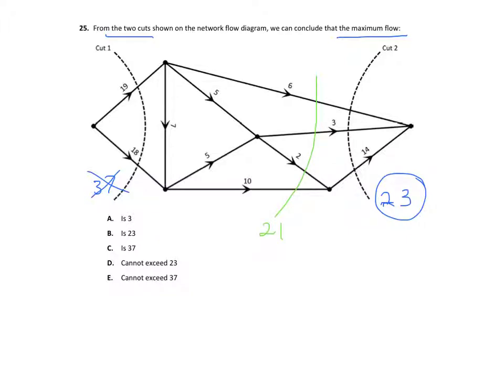So we can see from the answers that our maximum flow is not 23, but cannot exceed 23. We know that it's not bigger than that, but we don't actually know what the answer is based on the two cuts that have been given to us. That's a really tricky question in terms of the wording, and it's worthwhile looking at and making sure that you understand how that question is interpreted in that way.